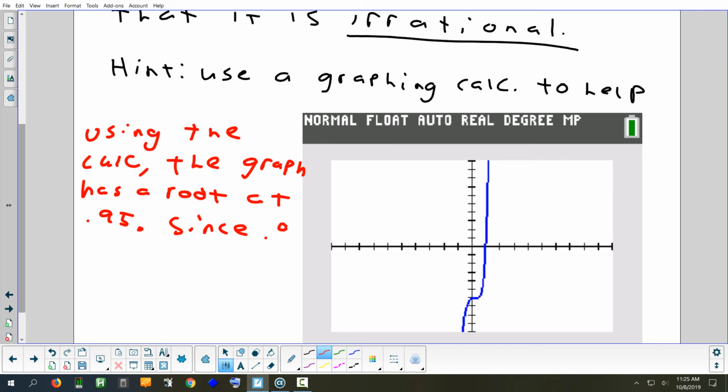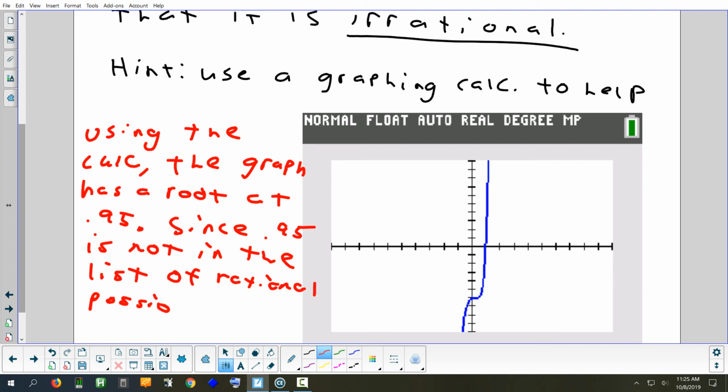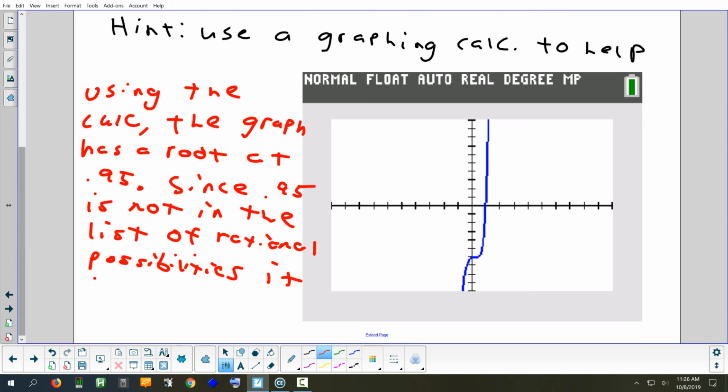Since 0.95 is not in the list of rational options or possibilities, it must be irrational. Because the only way it could have been rational is it would have had to be one of the numbers in that list. It would have had to be, and it's not. So using the calculator, the graph has a root at 0.95. Since 0.95 is not in the list of rational possibilities, it must be irrational.